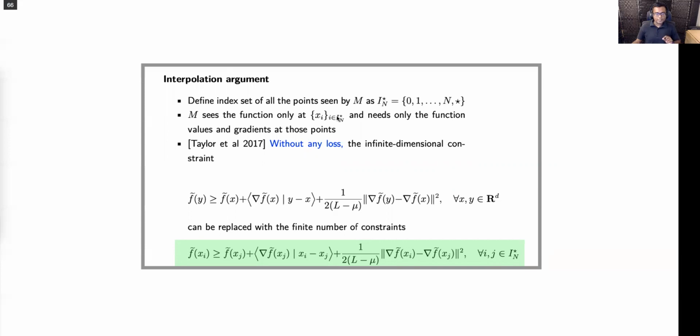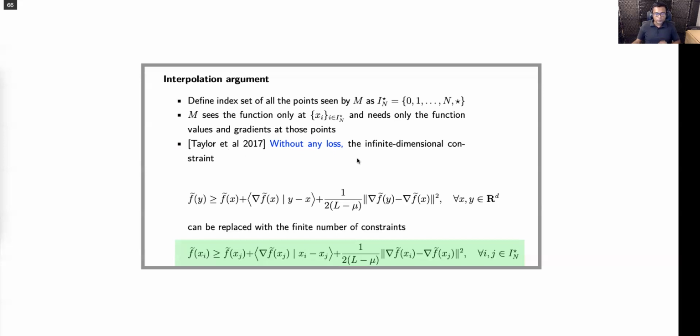So the method is seeing the function only at a finite number of points and needs only the function values and gradients at those points to describe the optimization problem. Now, a very big step in performance estimation literature is the following result by Adrien Taylor and his co-authors.